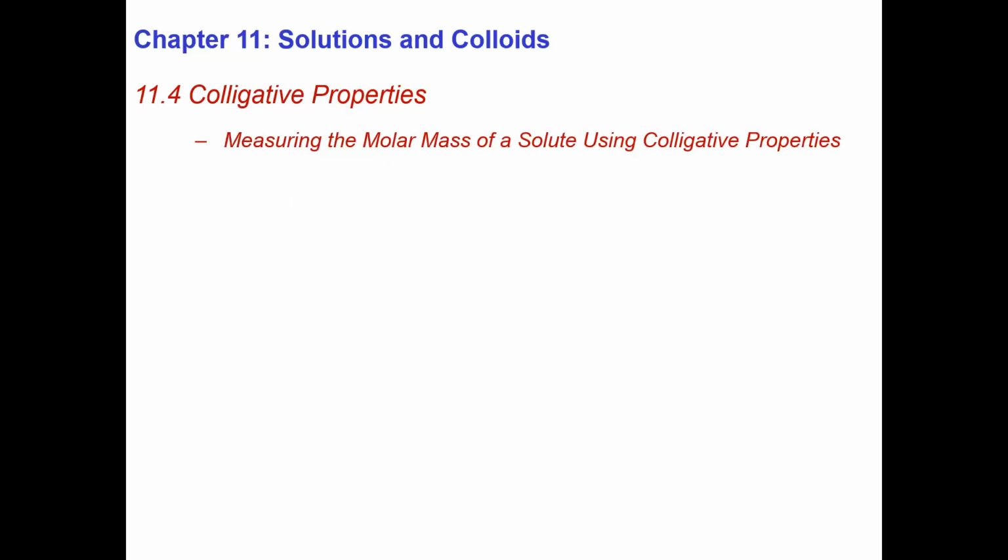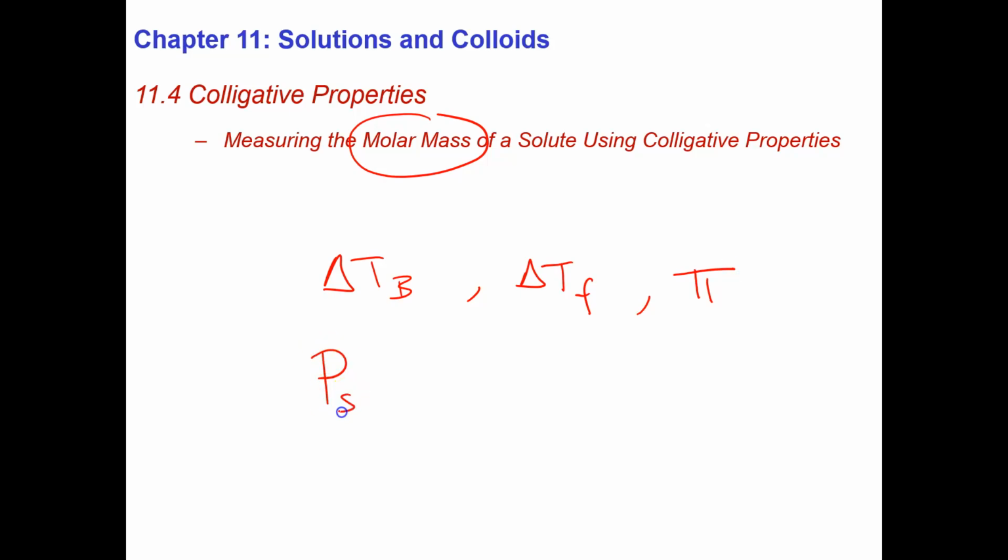One of the most common ways of using a colligative property is to determine the molar mass of a solute. This is normally done for either boiling point elevation, freezing point depression, or osmotic pressure. I've never seen it done for vapor pressure lowering.